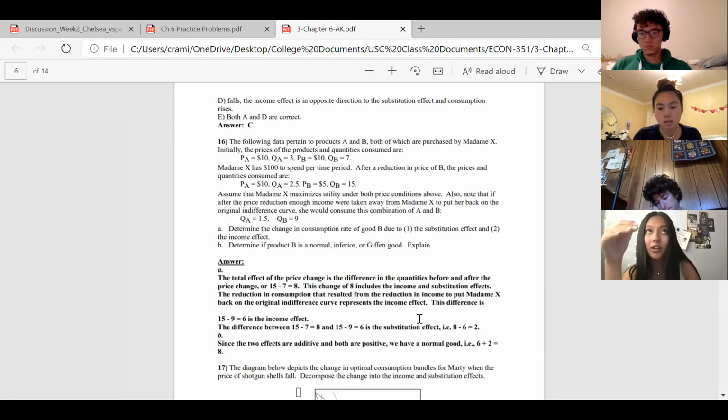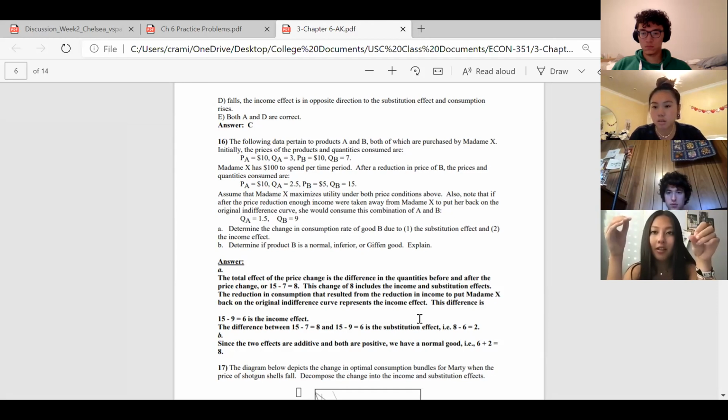In a Giffen good, when you increase the price of food, through the substitution effect the amount you're consuming will decrease. Through the income effect the amount of food you're consuming will increase, but the income effect will be greater than the substitution effect. So overall, it'll end up increasing.